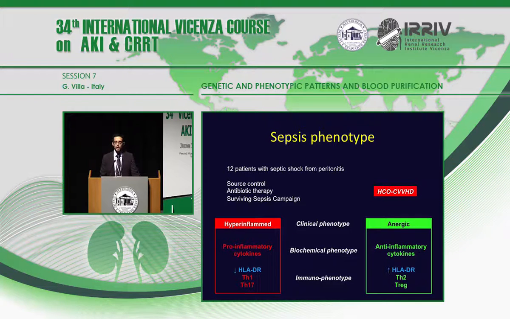So, for example, we try to evaluate the concordance of a systemic inflammation clinical phenotype with the presence of pro-inflammatory mediators and high levels of HLA-DR, or for example, high levels of lymphocytes which express hyperinflammation, for example, Th1, Th17. On the other hand, Th2, for example, or T-reg lymphocytes are usually present in the anergic state.